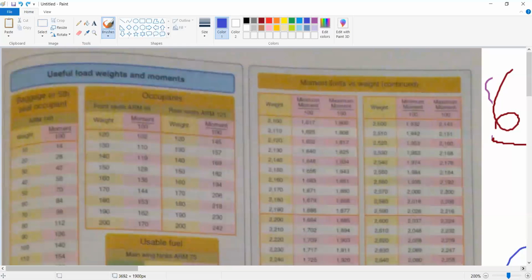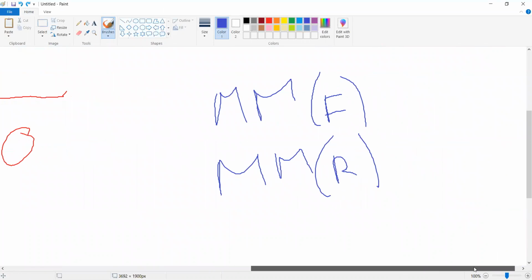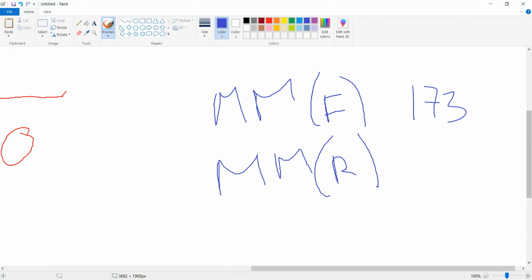All right, so keeping that in mind, we can do the math over here. We're working with the number 204. So for the front seat, 204 times 85 over 100 gives us 173. Now for the rear: 204 times 121 divided by 100, and we get 246 point something, so we'll say 247.